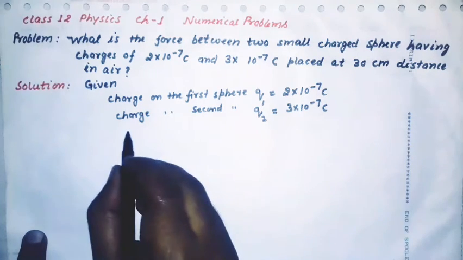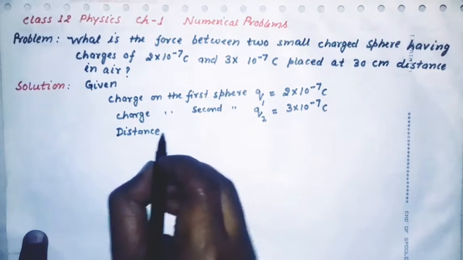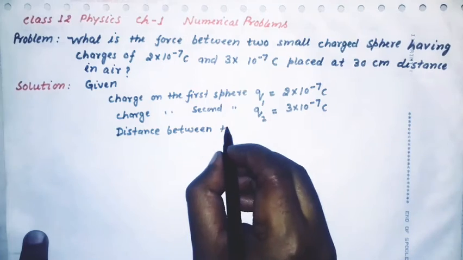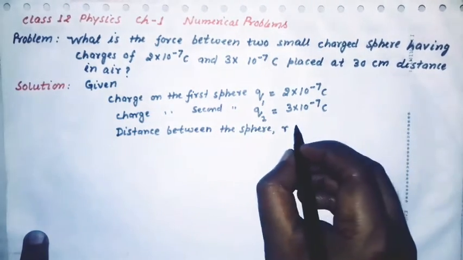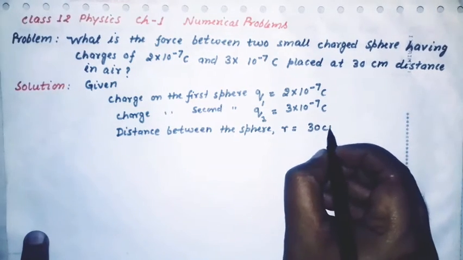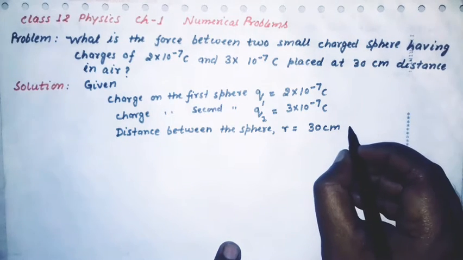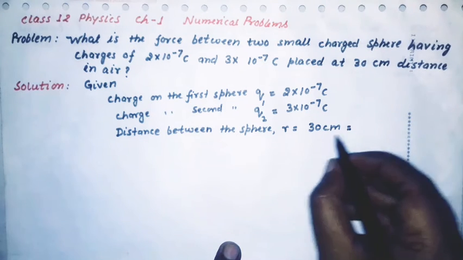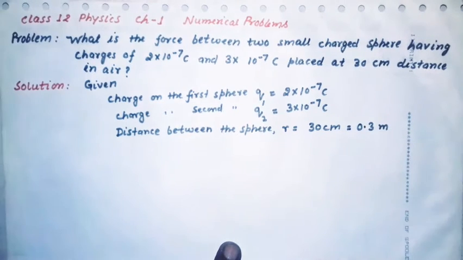The distance between the spheres is r, and r is equal to 30 centimeter. Convert this 30 centimeter into meter. So this becomes 30 divided by 100, that is 3 divided by 10, or 0.3 meter.